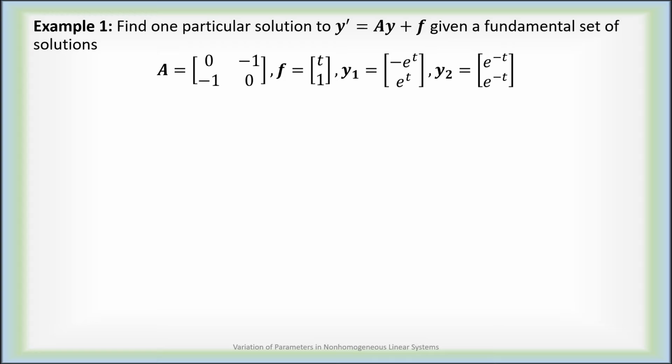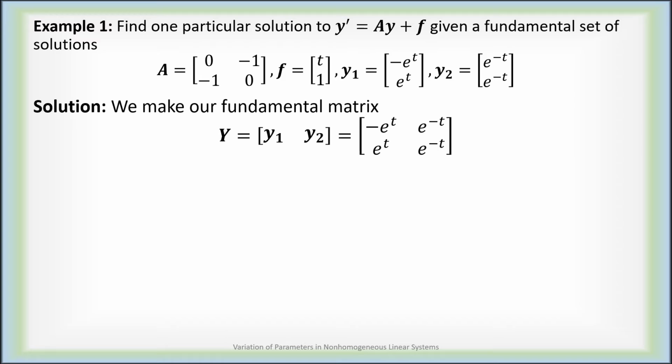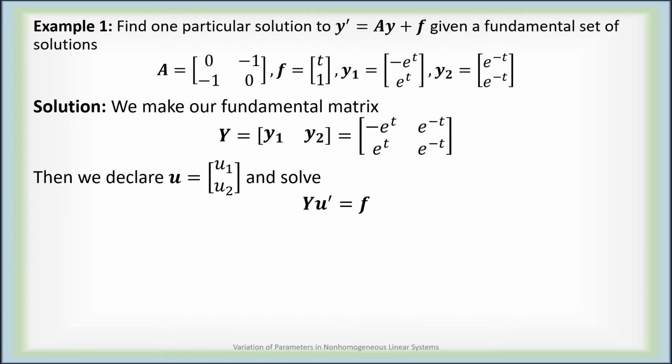For our first example, let's just find one particular solution to this non-homogeneous linear system. We are given a fundamental set of solutions to the complementary homogeneous system. So we make a fundamental matrix by taking our fundamental set of solutions and transforming them into columns. So here we have y1 as a column, y2 as a column. So there is a fundamental matrix of solutions. Now we're going to declare our unknown column u1, u2, and we need to solve y u prime equals the forcing function. So what's u prime?